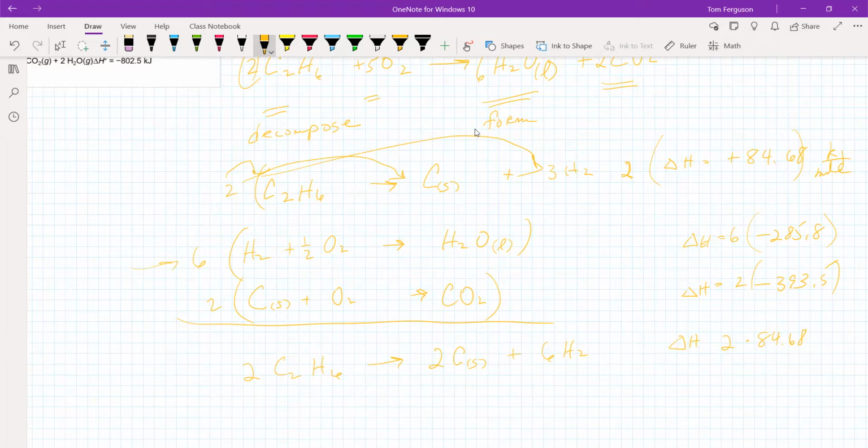Let's expand this. So we have 6 waters plus 3 O2s equals 6 waters.